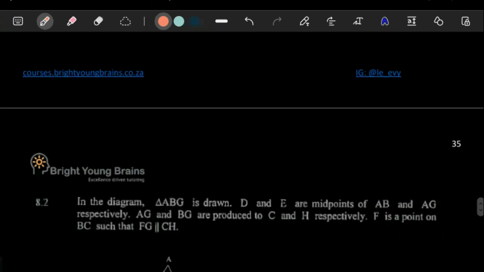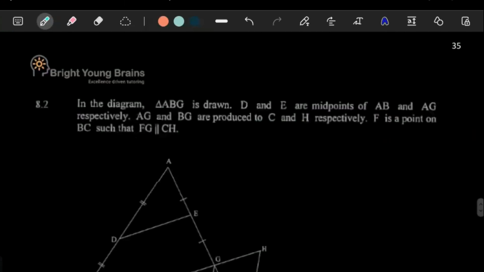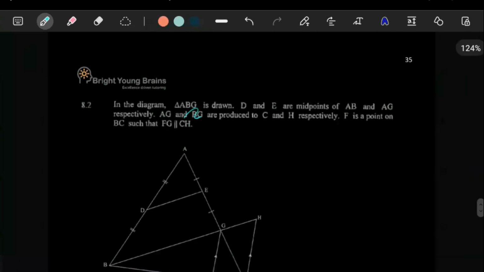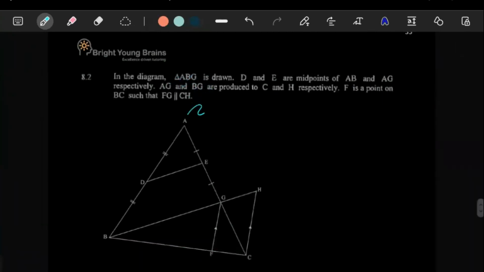Then they said 8.2. Guess we're dealing with another diagram. In the diagram, there's A here, there's B here, and then there's G over there. They said D and E are the midpoints.